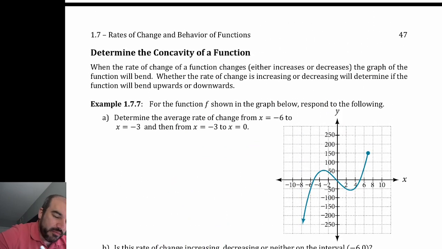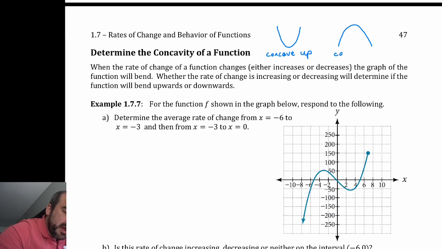So if you imagine that these bends, these curves, are in isolated cups, then we're going to identify an upward U-shaped bend as concave up, and a downward shaping curve bend as a concave down part of the graph. Right?